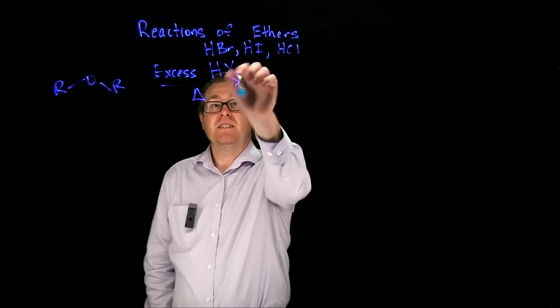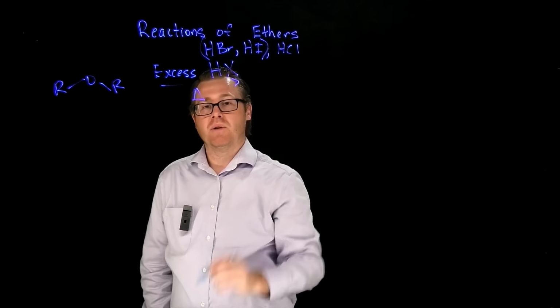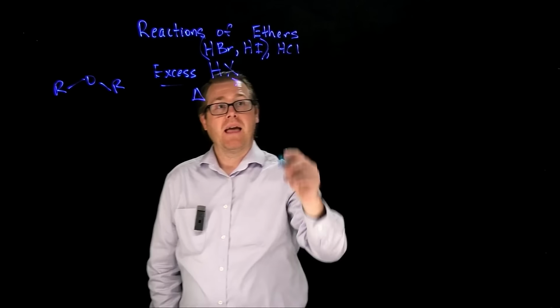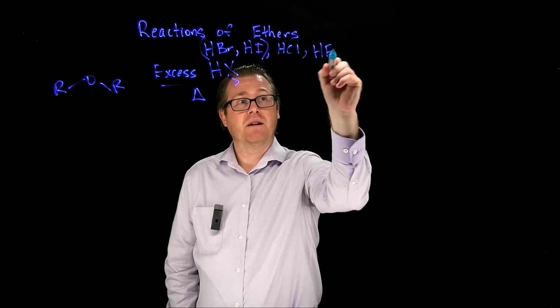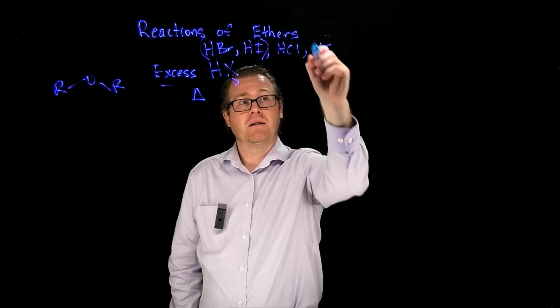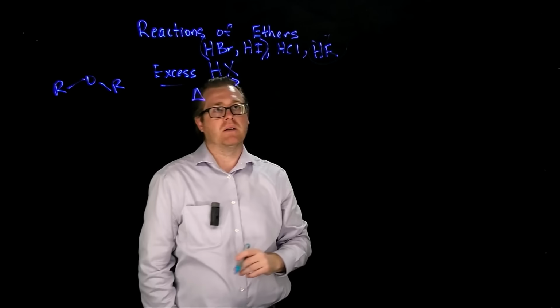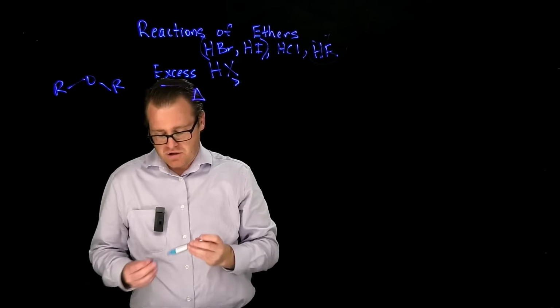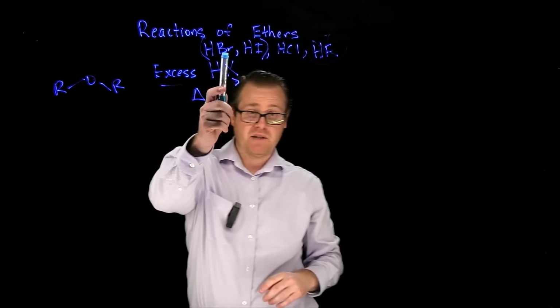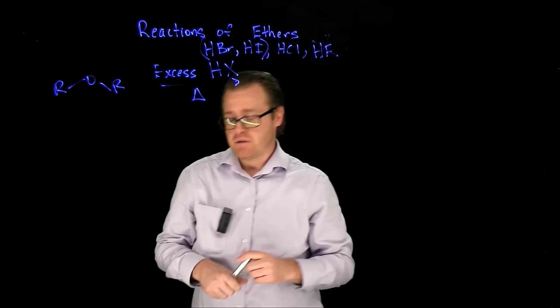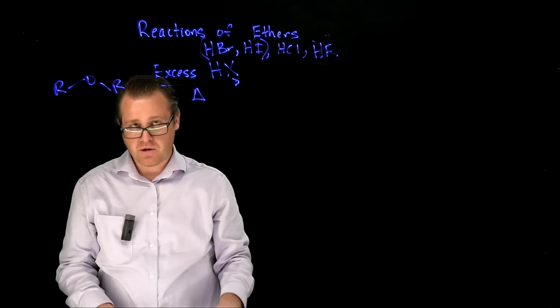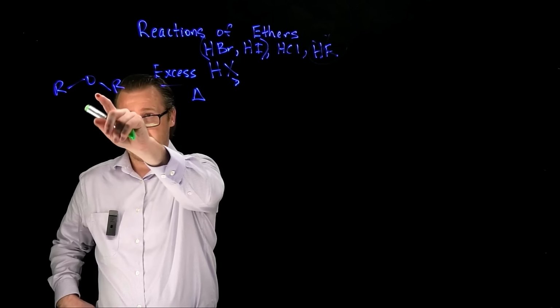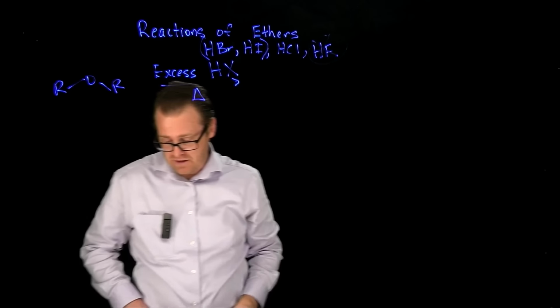So those two are the ones that we really want to use. And HF, hydrofluoric acid, doesn't work at all. So just remember, HBr, HI, those are the acids that you're going to use to react your ether.